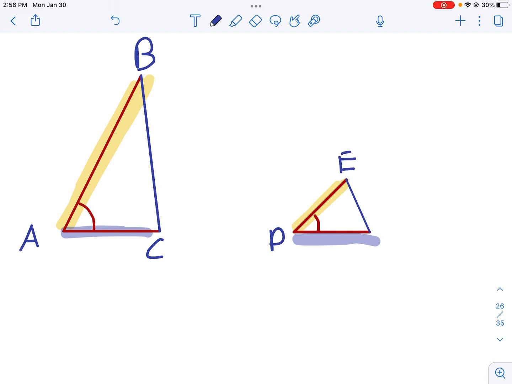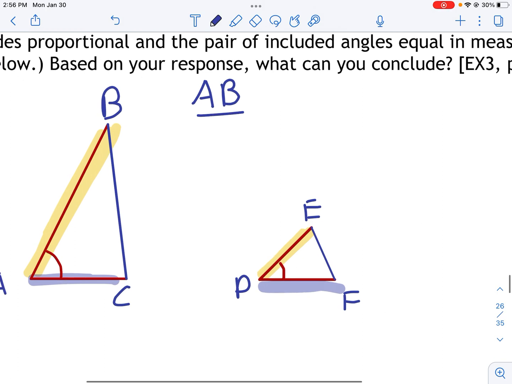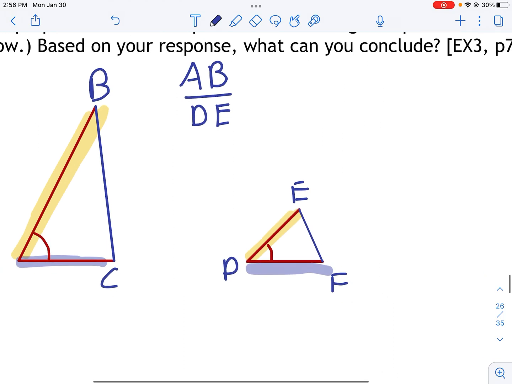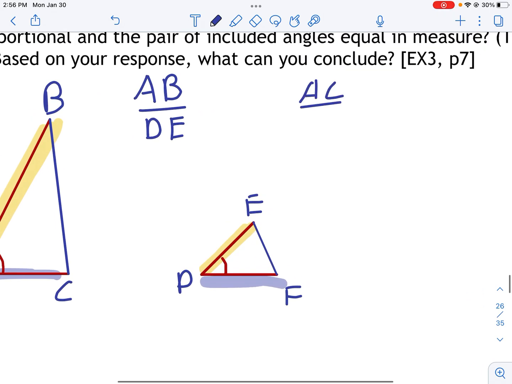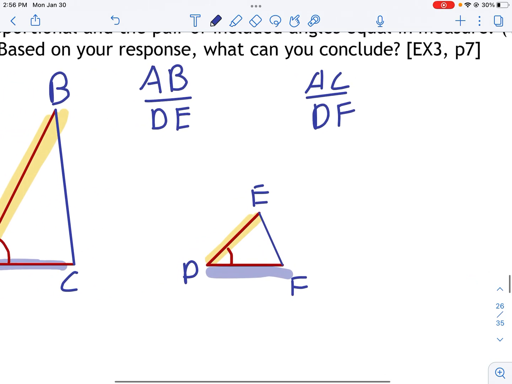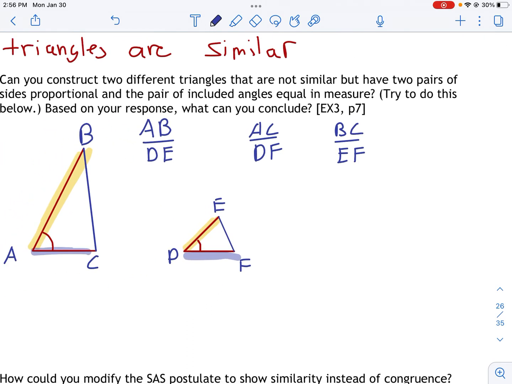Okay. If I have this triangle A, B, and C, and I have triangle D, E, and F. If I'm able to show you that the distance from AB is proportional to the distance of DE, and I'm able to show you the distance from AC is proportional to the distance of DF, and I'm able to show you the last one, which would be BC is proportional to EF.